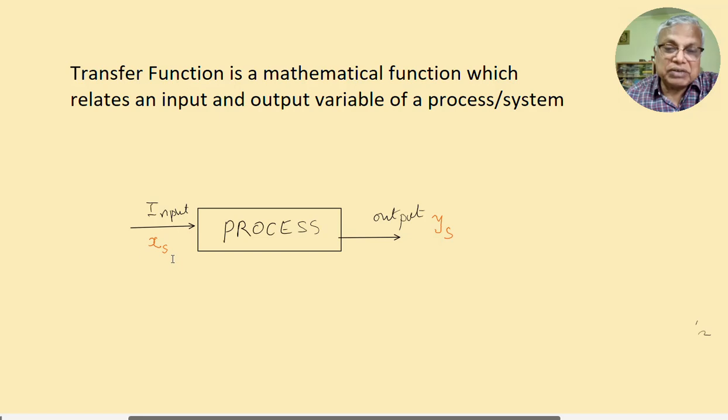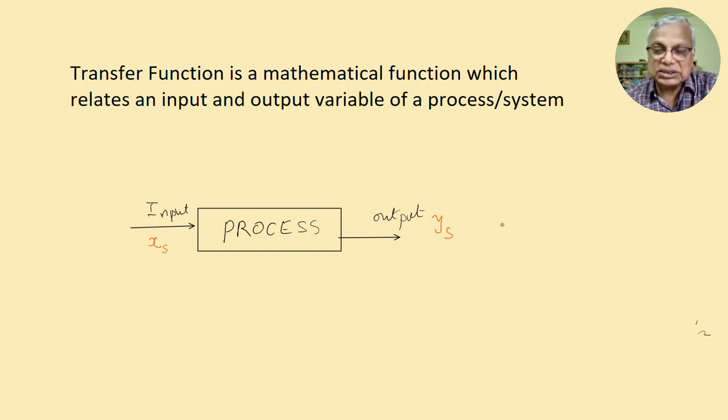When the process operates at steady state without any disturbance, the variables are xs and ys. x is used for input, y for output, and subscript s denotes steady state.